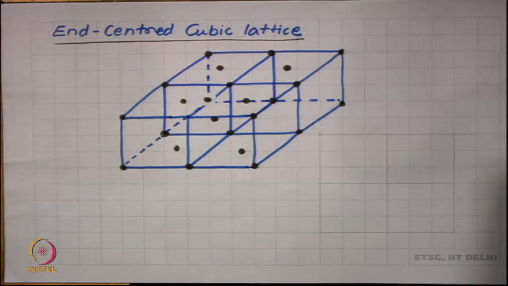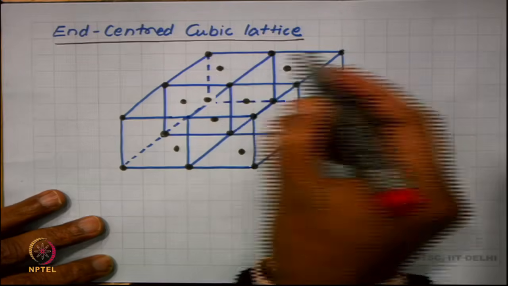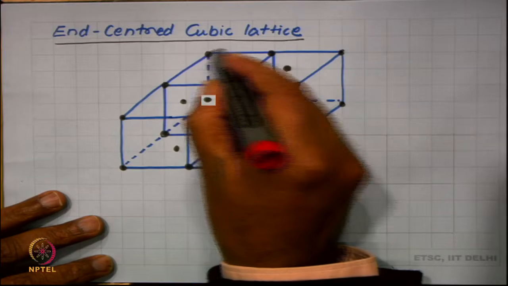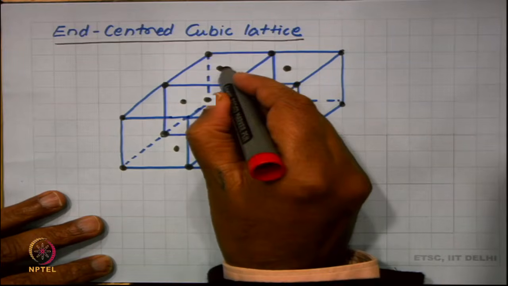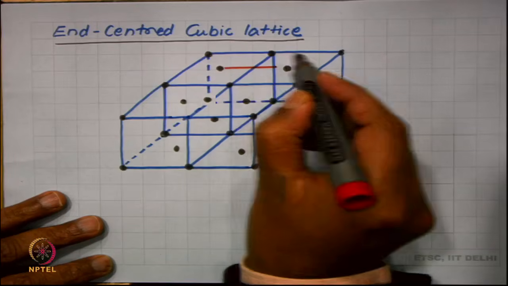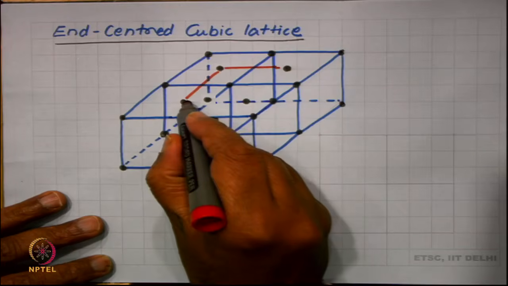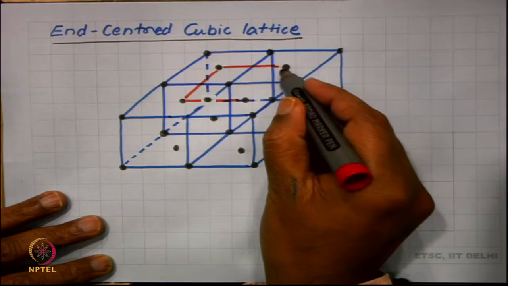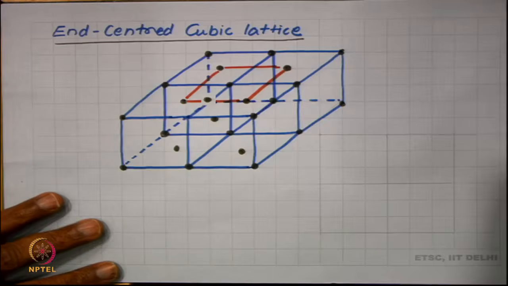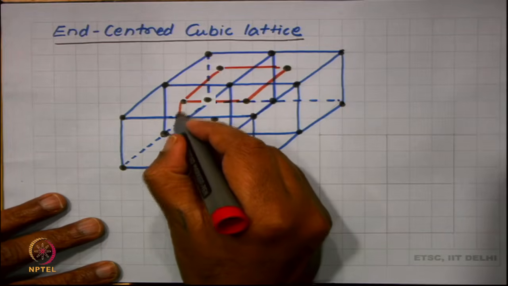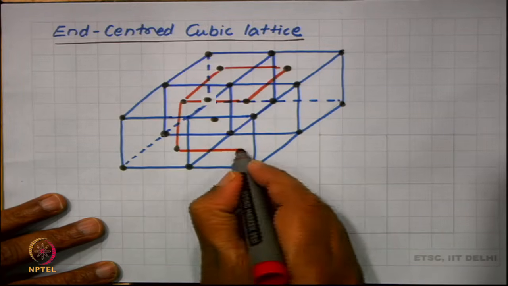Now, if I shift the origin, instead of drawing my corner there, suppose these centering points themselves I take as my corners. Then you can see that the role of centers and corners has changed.